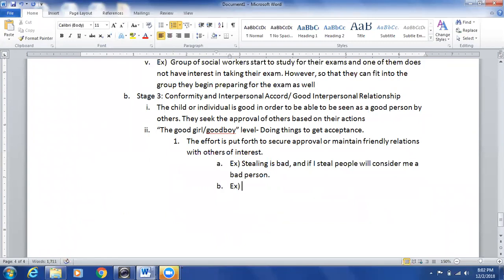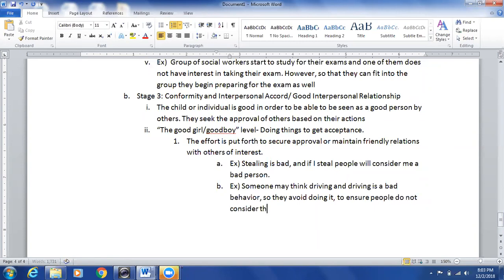And then another example, someone may think drinking and driving is a bad behavior, so they avoid doing it to ensure people do not consider them a bad person. So it's all based on what other people are going to say about them.